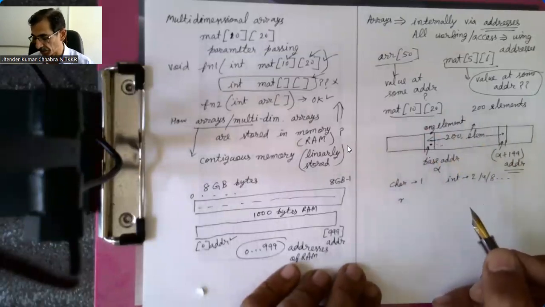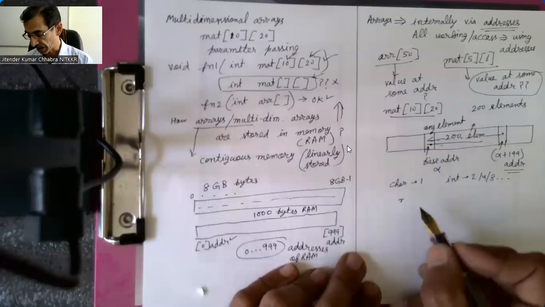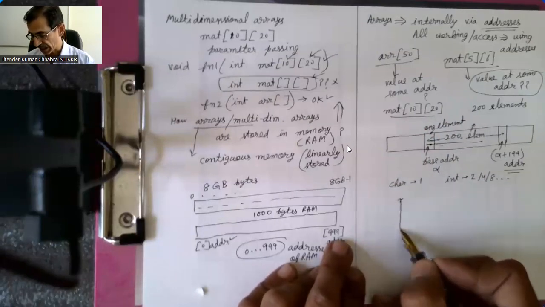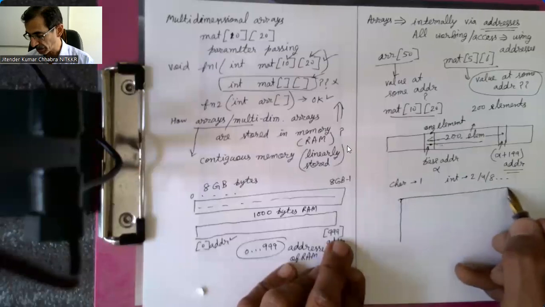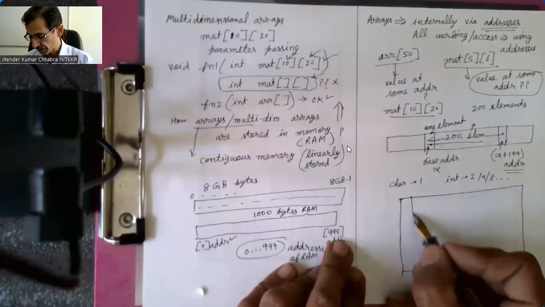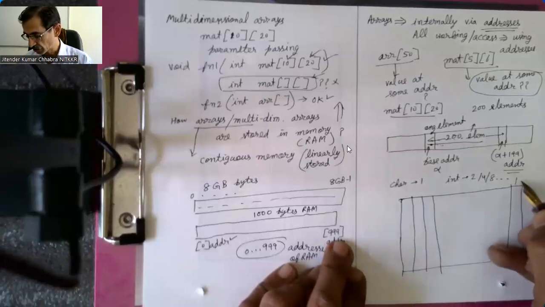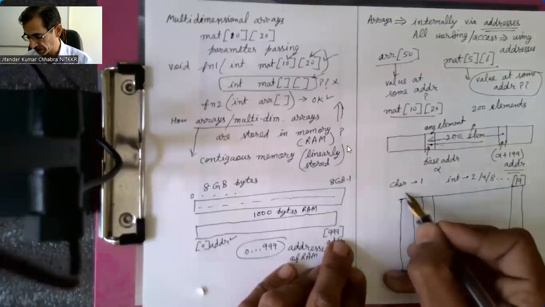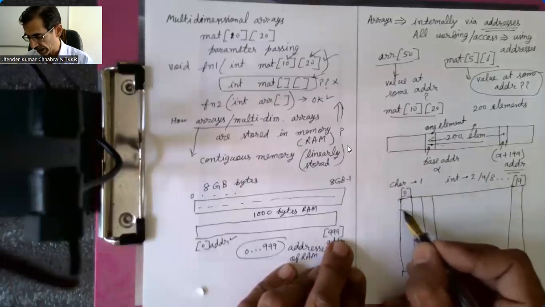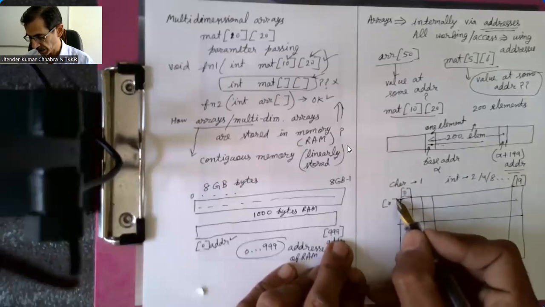Then the question comes, how are these 200 elements stored? Like if I say I have a matrix of 10 into 20, this means a matrix like this: 0, 1, 2, 3 up to 19 being the various columns, and I have a total of 10 rows, 0 to 9.